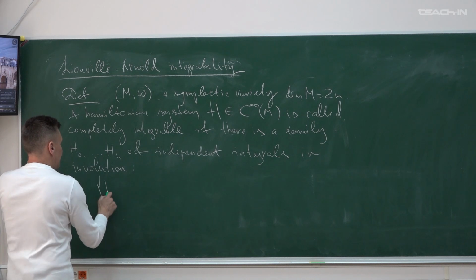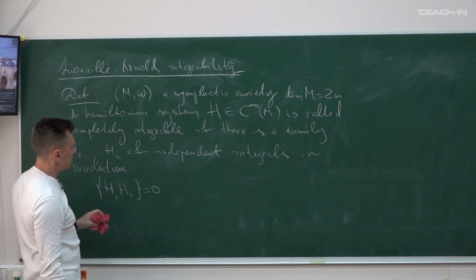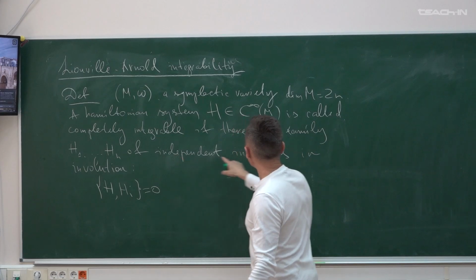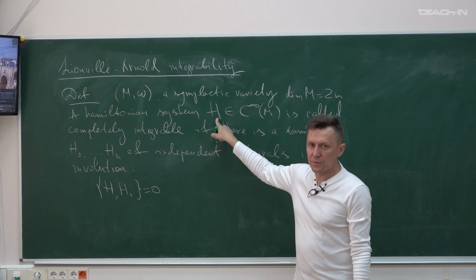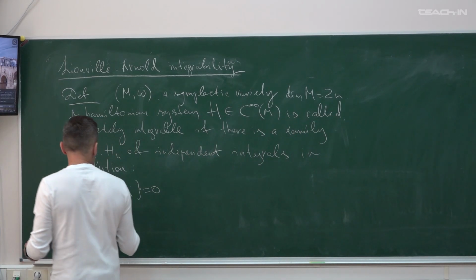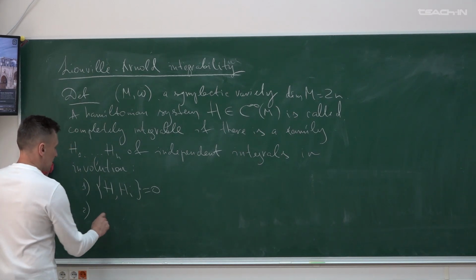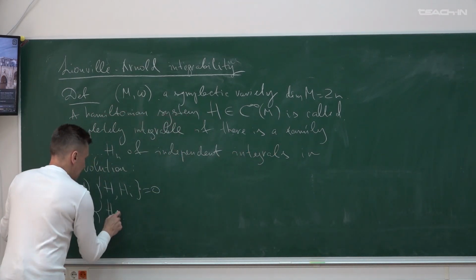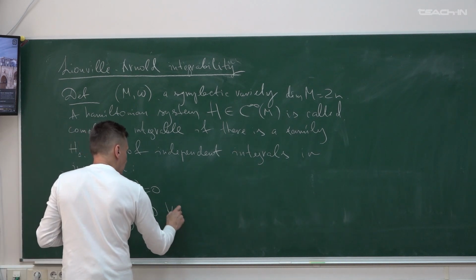So these functions are integrals of this Hamiltonian dynamics. It means that such Poisson brackets, {H, Hi} = 0, are trivial. The first point. Second point, in involution: {Hi, Hj} = 0 for all i and j.